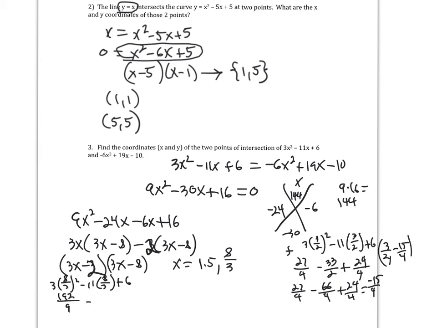This is going to give me 88 over 3, which is going to be 264 over 9, plus 54 over 9. And that's going to give me, let's see here, we have negative 264 plus 54 is negative 210, so negative 18 over 9. That gives me negative 2, so I'm going to get 8/3, negative 2.